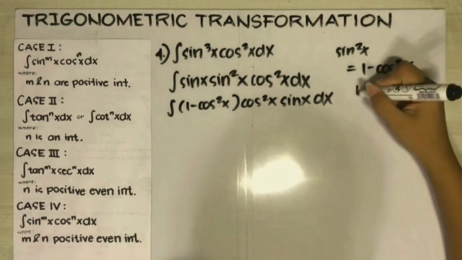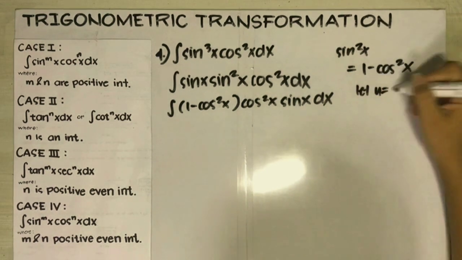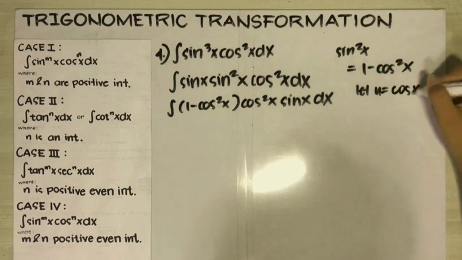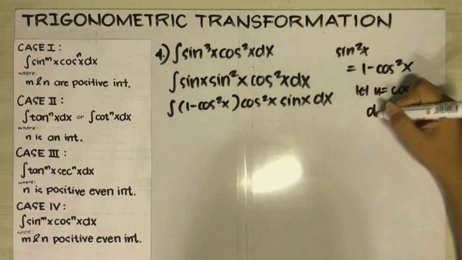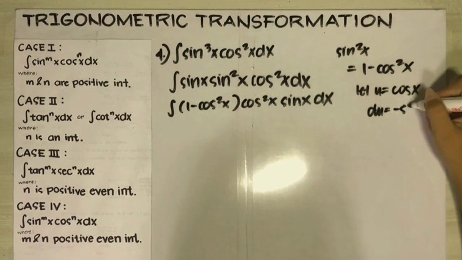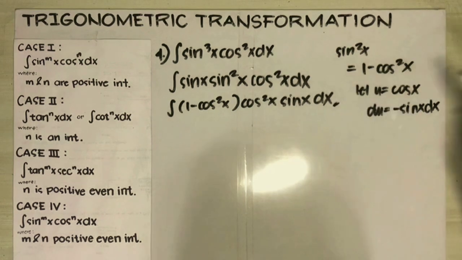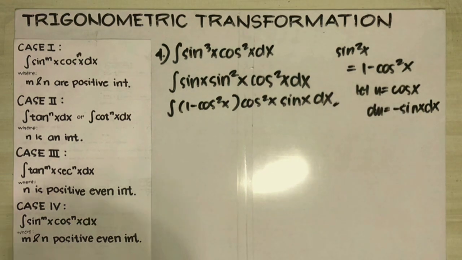We can now use the u substitution. So let u be equal to cosine x and du be equal to negative sine x dx, which is already in our equation.